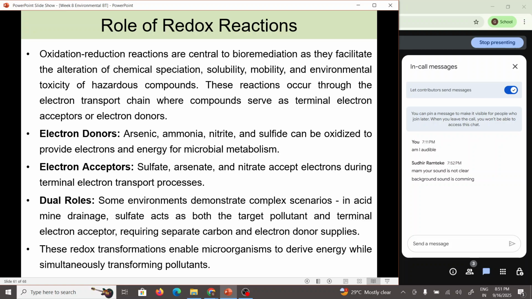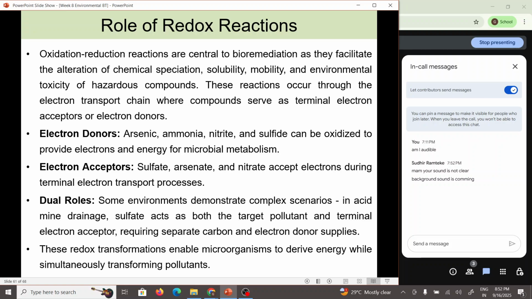These can accept electrons that are produced during the metabolic processes of the microbes, and hence we call them terminal electron acceptors. There are some that can perform dual roles. In some environments we have complex scenarios, like acid mine drainage, where sulfate acts as both the target pollutant and the terminal electron acceptor, requiring separate carbon and electron donor supplies.